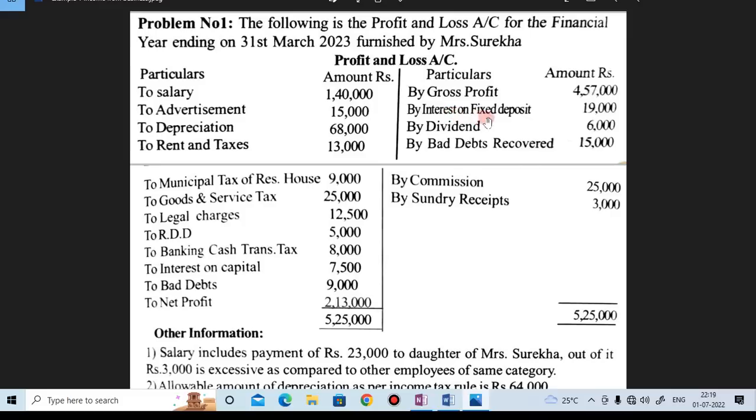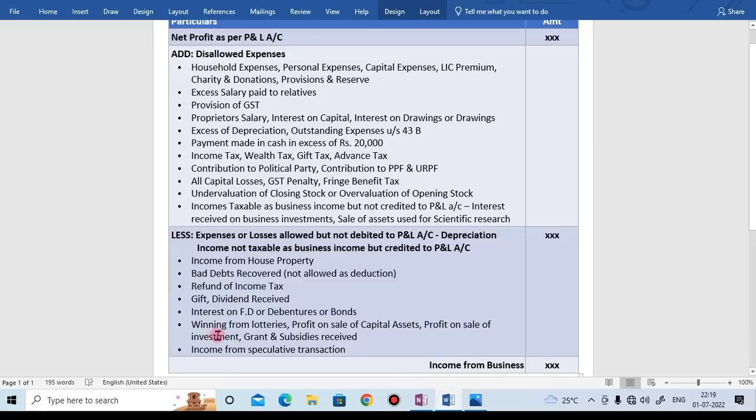Next is by interest on fixed deposit 19,000. So check the format here. In less income not taxable as business income but credited to P&L account, you will find interest on fixed deposit. Interest on FD means interest on fixed deposit.